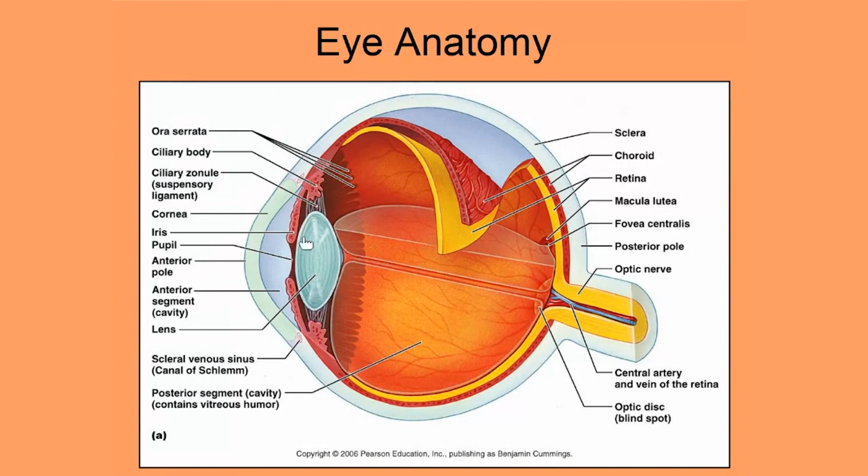This particular structure works along with the cornea to bend light rays and focus them so that they land directly on the retina. The lens is, at least in a healthy young eye, very flexible, and it can change its shape. And in fact, it needs to be able to change its shape as you go from distance vision to close-up vision. So the lens is changing shape depending on how close objects are that you're looking at.